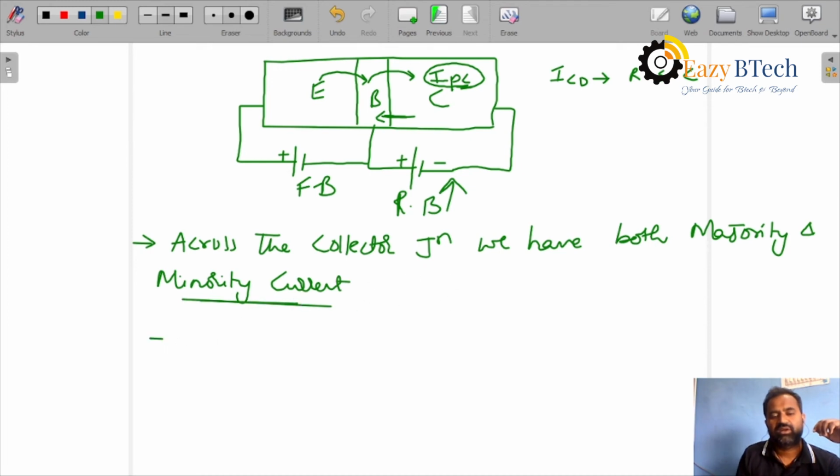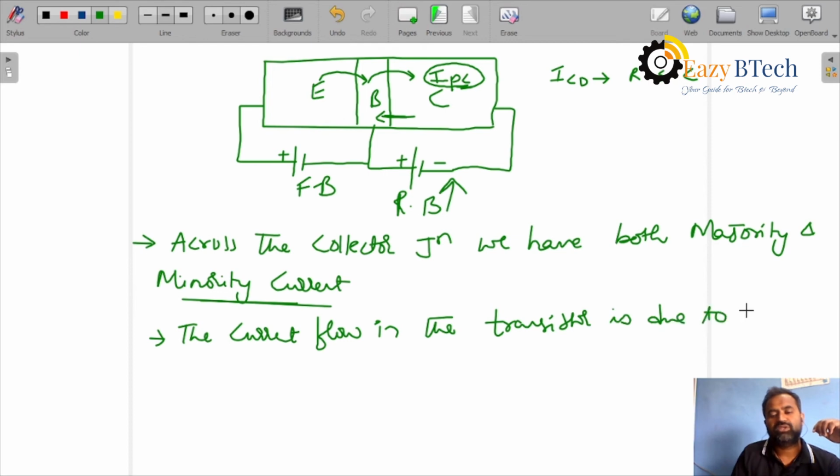The current flow in the transistor is due to majority and minority currents.